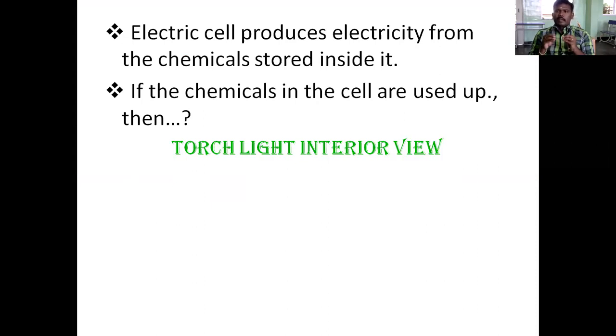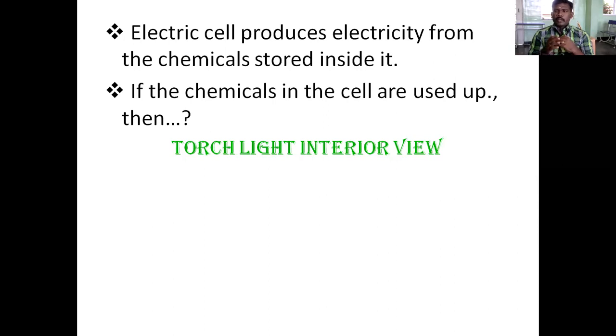So the chemical energy stored inside the cell is converted into electrical energy when we want some electrical energy from the cell. Initially we store the energy in the form of chemical energy, and when we need it, we convert that chemical energy into electrical energy.